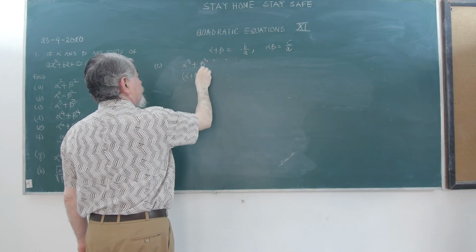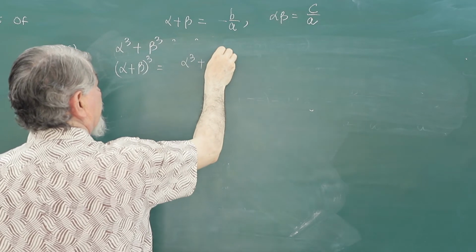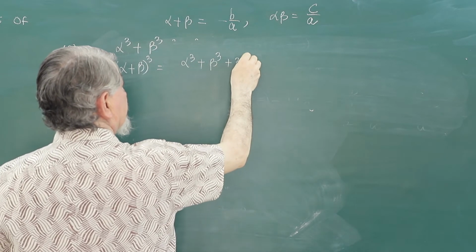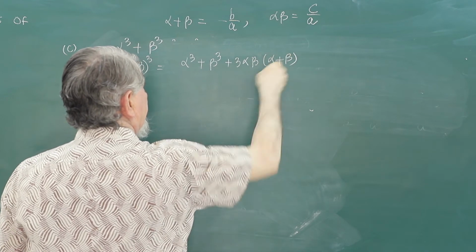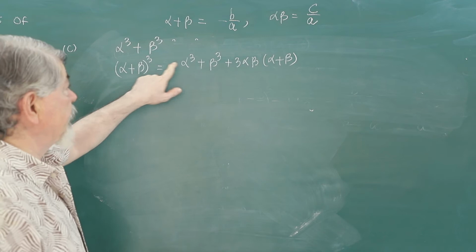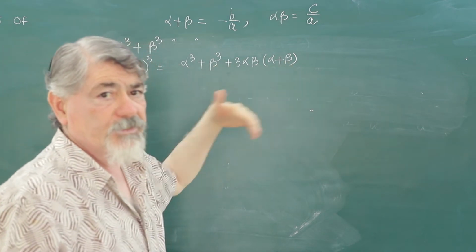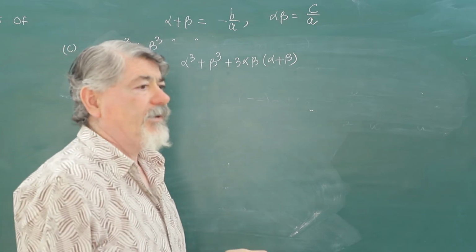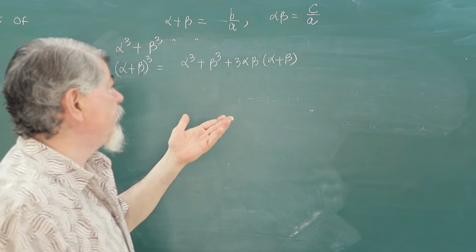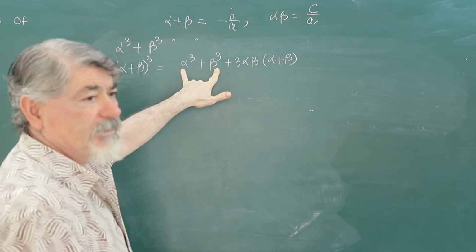A plus b whole cube is a cube plus b cube plus 3ab into a plus b. So in place of a and b, I have the variables alpha and beta. We replace them. I want the value of alpha cube plus beta cube, so I need this value.